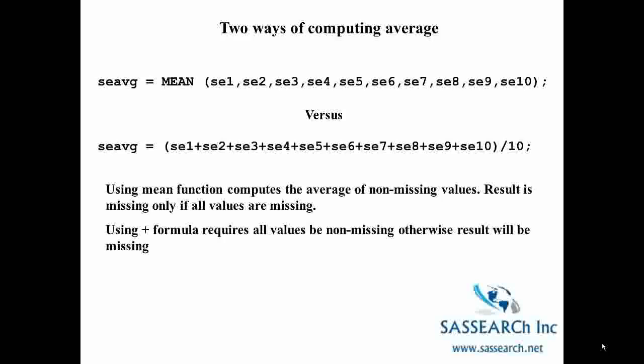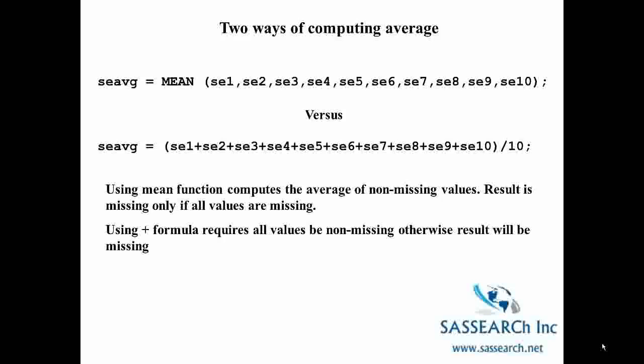When you use the mean function, it computes the average of non-missing values, and the result is missing only if all the values are missing. So in the first example, let's say SE1 and SE2 were missing, then in that situation SAS would compute the mean of SE3 through SE10 because those variables all have values.